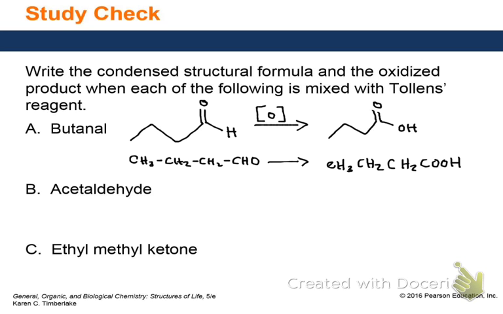So then what I'll do is to do this, I'll draw acetaldehyde, 2 carbons, and then an OH. Or in the condensed structure, it'd be CH3 and then CHO. Forgot the C. Again, it's an oxidation reaction.